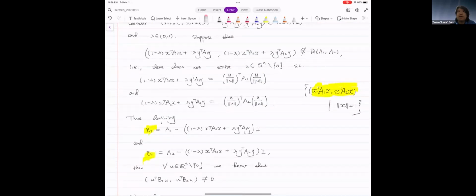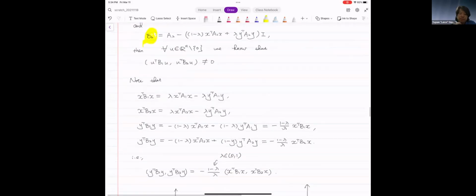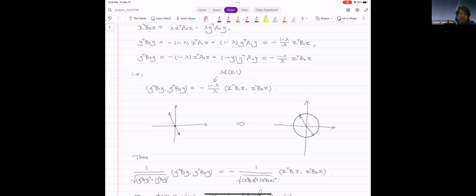if the set is non-convex, then I am able to introduce a matrix B1 and a matrix B2 and find suddenly two vectors that are of opposite direction to each other. Okay, so this is what this statement is.